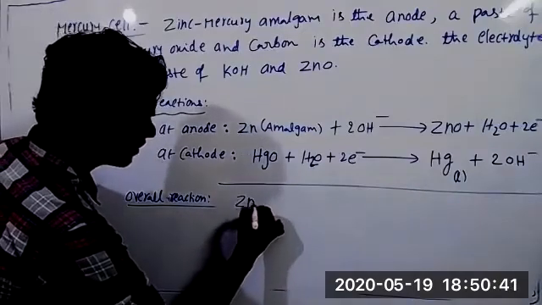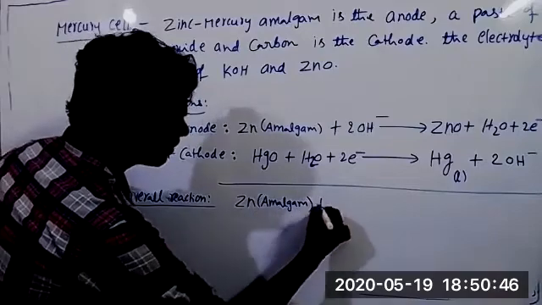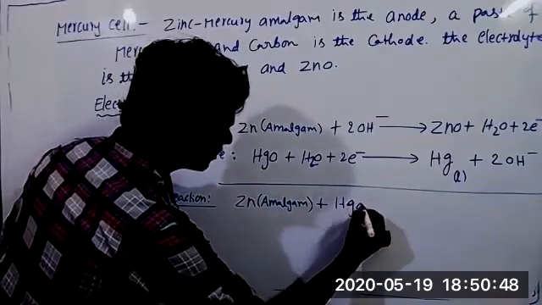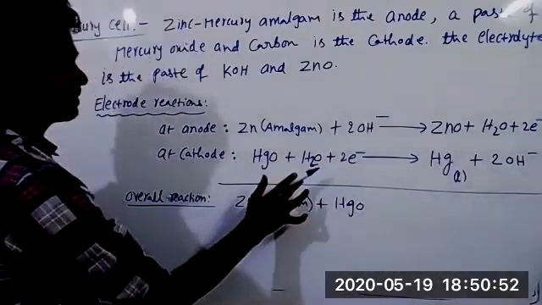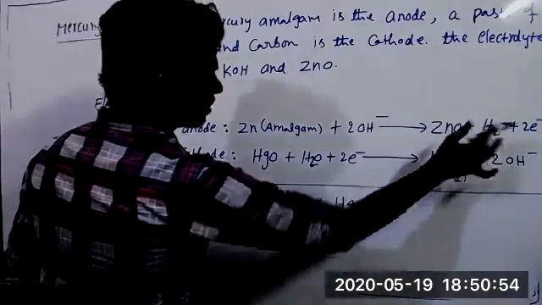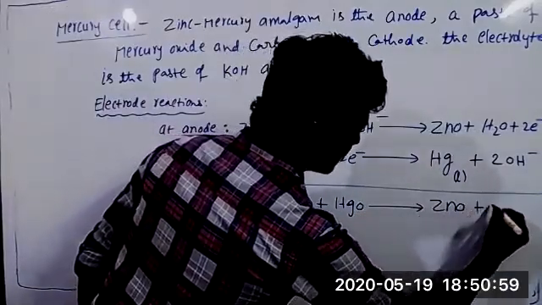Overall reaction: zinc amalgam plus HgO. The 2OH- cancel, H2O and 2 electrons cancel. Only left are zinc oxide and mercury.